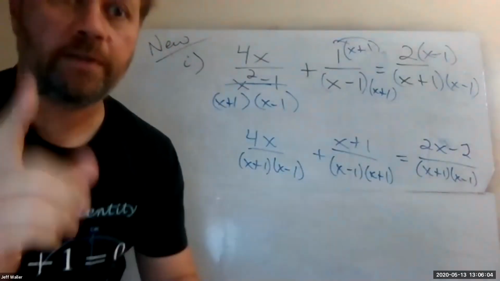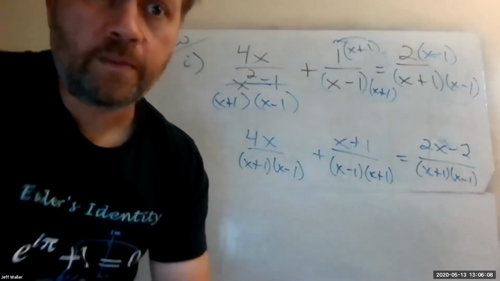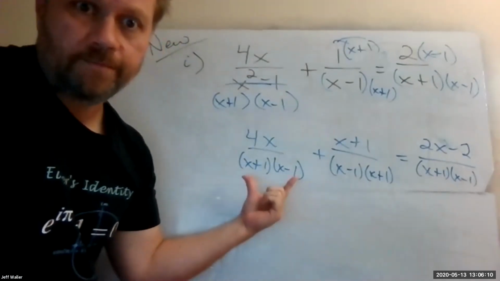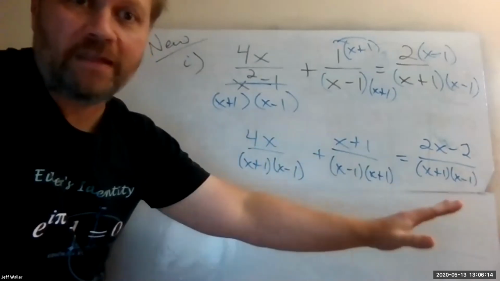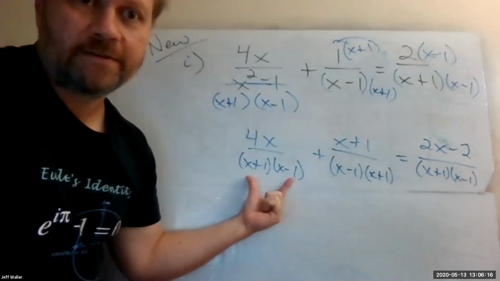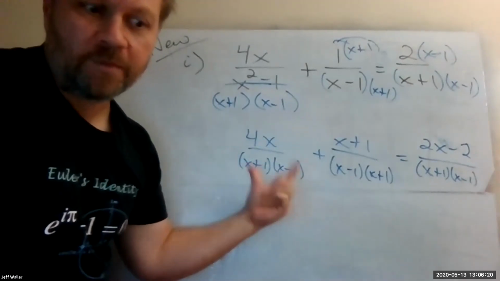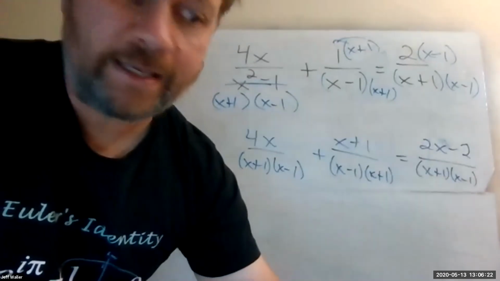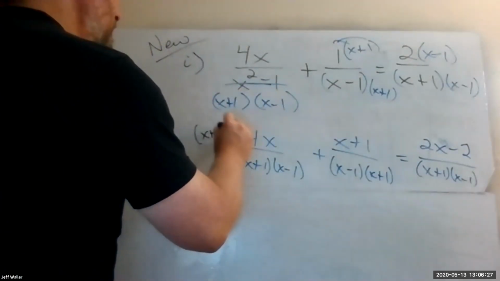So what takes the place of the 15 in the other problem? This does. So what am I going to multiply everything by? This. Aren't they all being divided by this? This is like the 15 on the last problem.